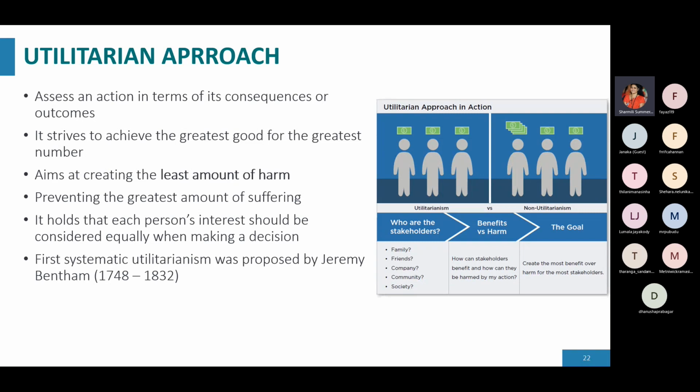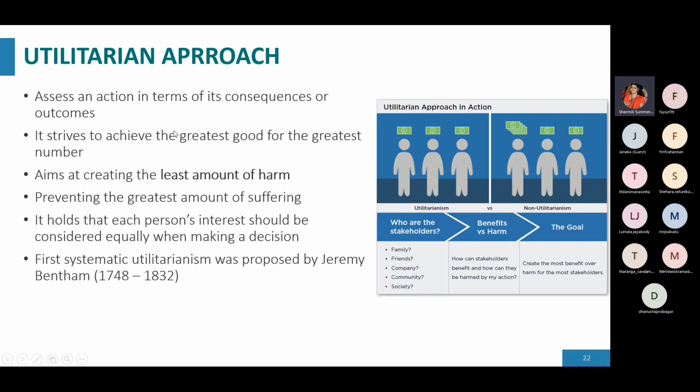It strives to achieve the greatest good for the greatest number and aims at creating the least amount of harm. So with this utilitarian approach, we are going to create the least harm. With these ethical approaches, we can come to some ethical decisions.